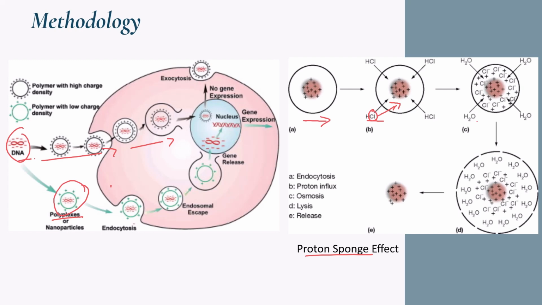Now there is an osmolarity difference and water influx occurs into the endosome, and this creates tension in the endosomal vesicle and leads to rupture of the endosome and release of the contents inside the endosome. So this is what the proton sponge effect is.